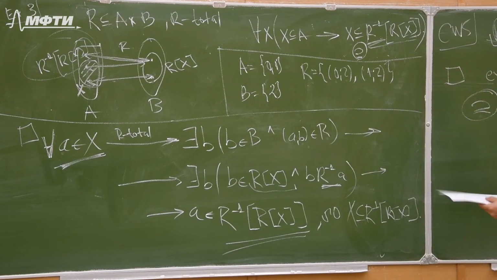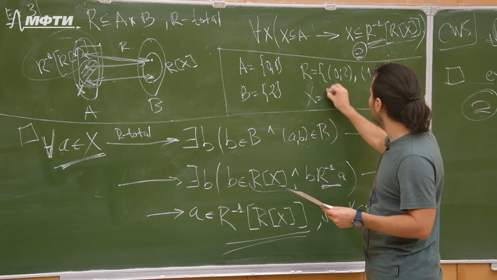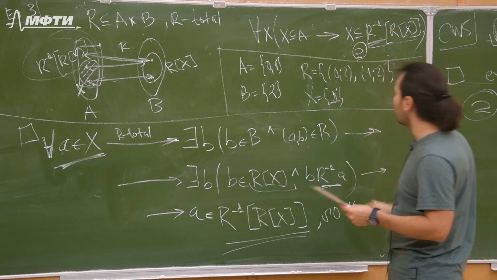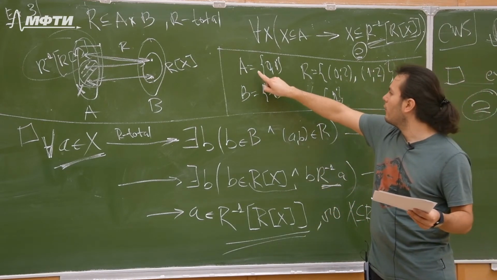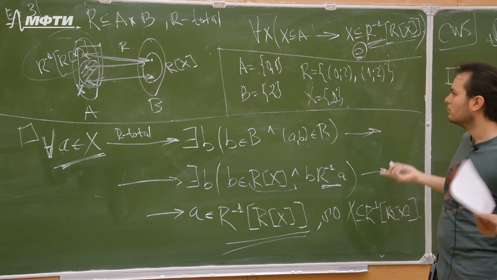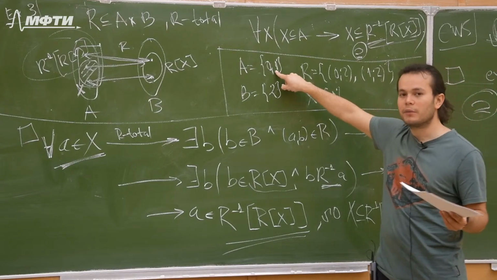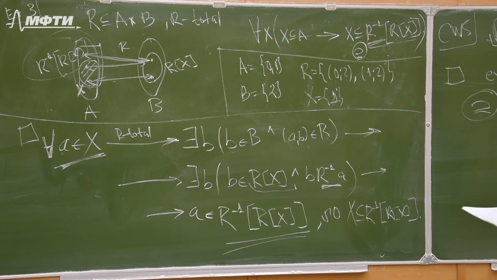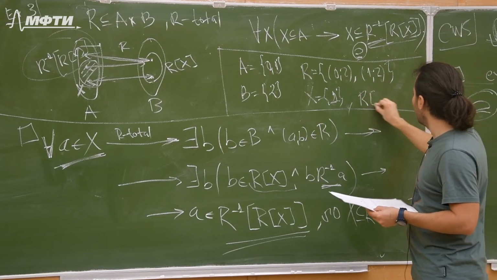Now take X, the singleton of 1. So X is a subset of A, because the element here is 1, and 1 is an element of this set as well. Now what's going to be R of X?